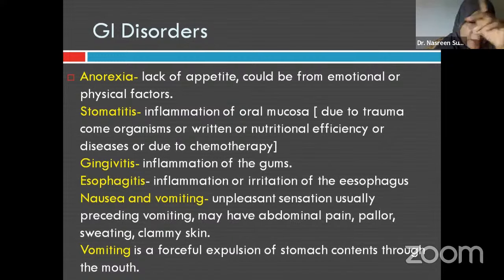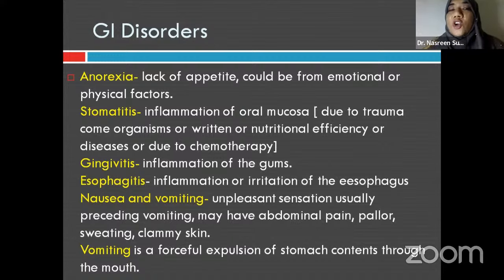So anorexia. Next, stomatitis. Now I'll give you a simple tip. Itis. Itis means what? Inflammation. So wherever there is itis, it means inflammation. Okay? Itis, inflammation.